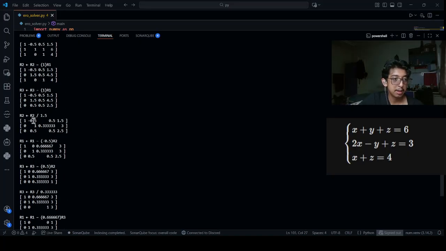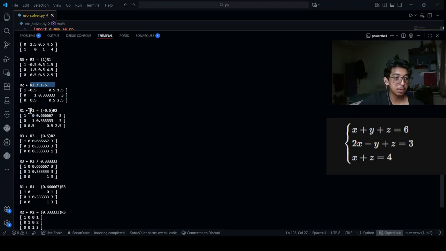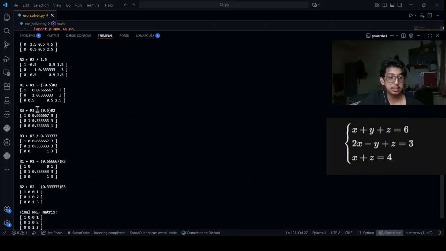Next we have R2, which is R2 divided by 1.5. Then row 1 is row 1 minus R2 multiplied by negative 0.5. Next, R3 is R3 minus R2 multiplied by 0.5.